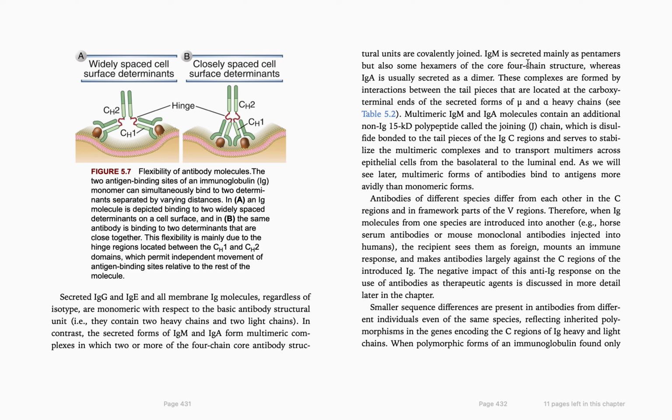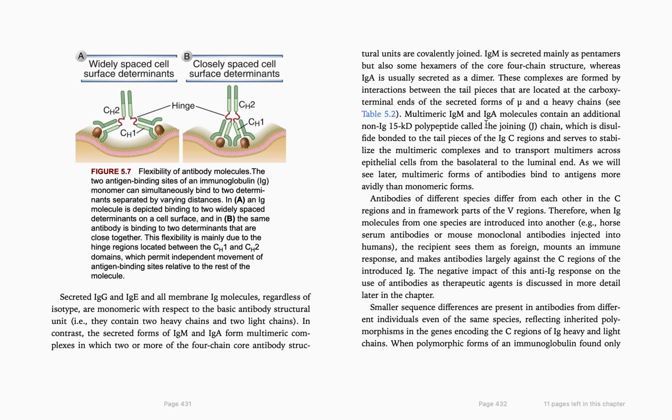IgM is secreted mainly as a pentamer but also some hexamer of the core 4-chain structure, whereas IgA is usually secreted as a dimer. These complexes are formed by interaction between the tail pieces that are located in the carboxyl end of the secreted form of mu and alpha chains.